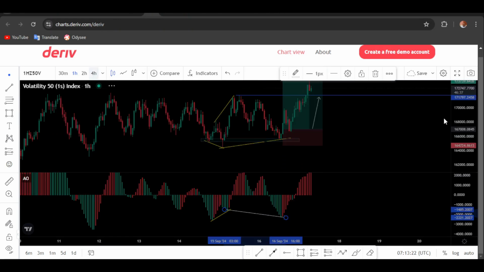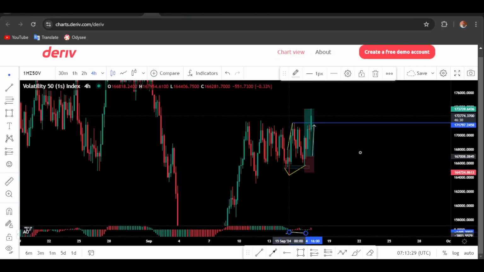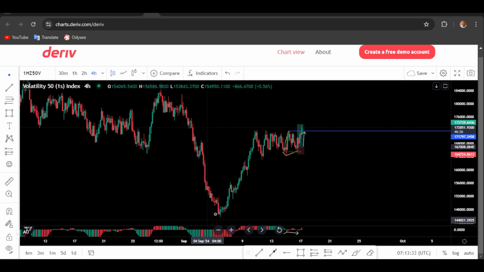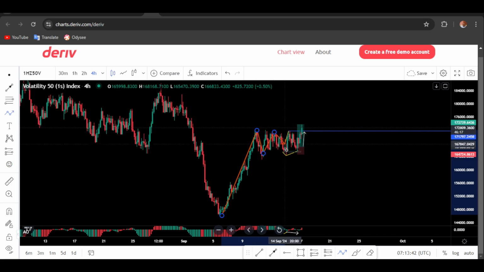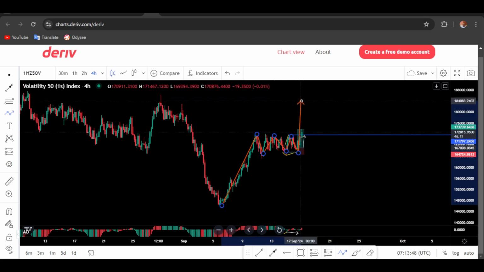And when you go to the higher time frame, let's look at the 4-hour time frame. You can see that definitely we are on an uptrend. We have this as our impulse move. This is just a bigger correction, and I believe it could be going on all the way to that.